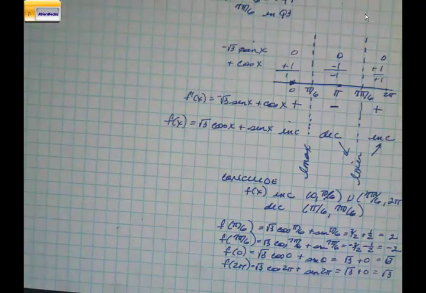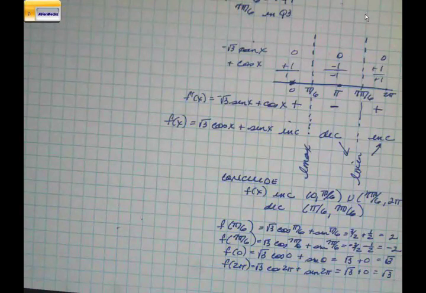Okay, so who's absolute? We evidently thought there was a local max at pi/6, and it's not just local, but it's absolute, right?